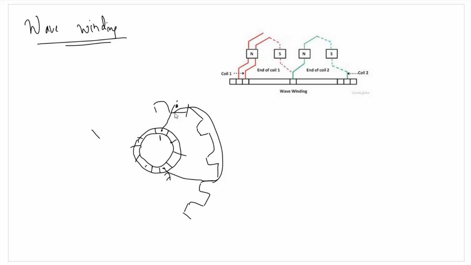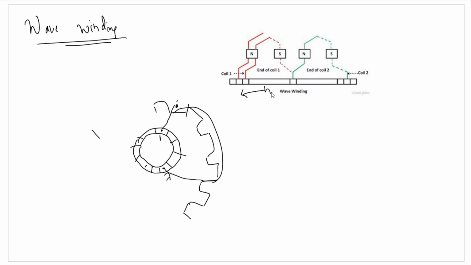From 2n, the third coil will start, and it will finish at 4n. So in this case, the difference between commutator segments where the same coil is connected is not 1, but it is n.